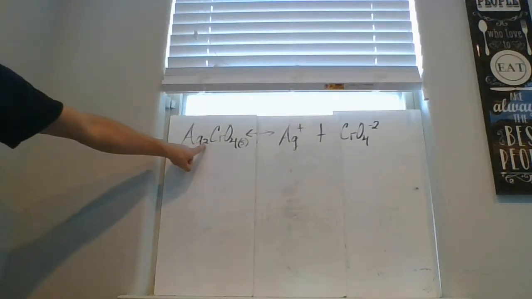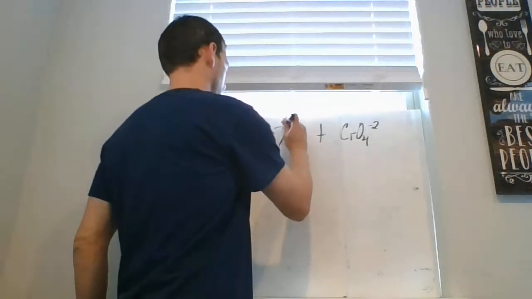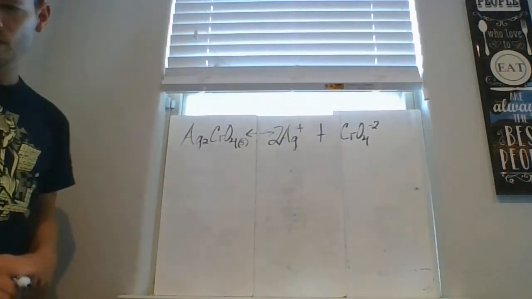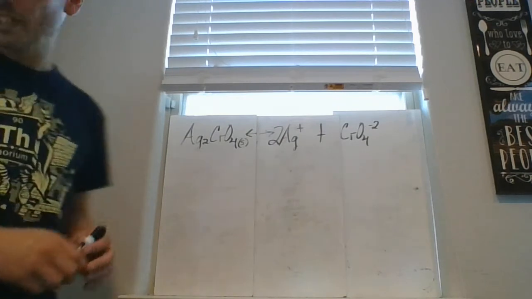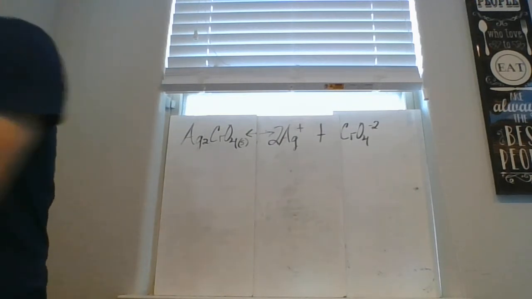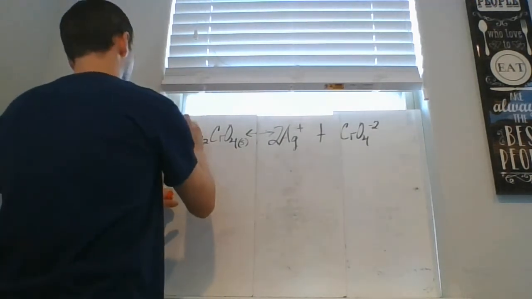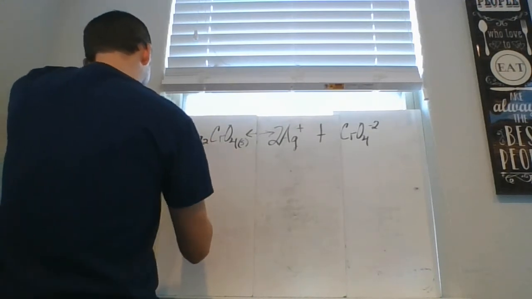Now keep in mind that we do have to be balanced, so that 2 right there is a big deal. And now we are looking good. So it's a RICE table that we're setting up. So let's make him look pretty.